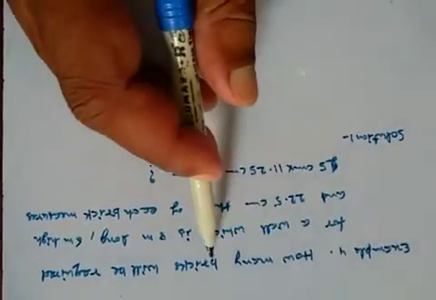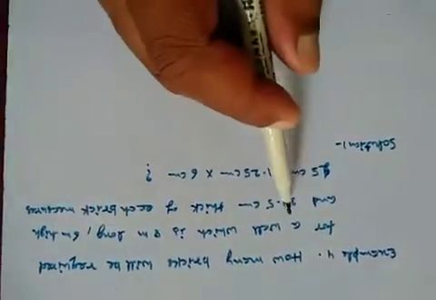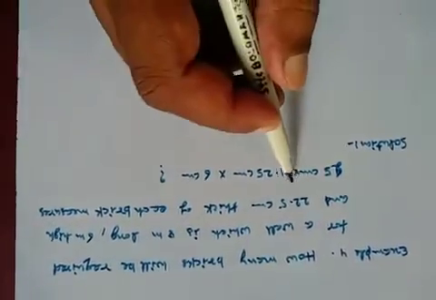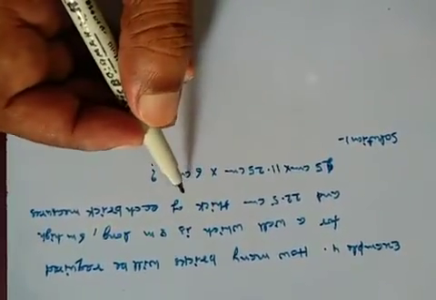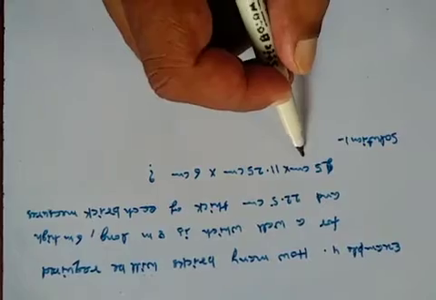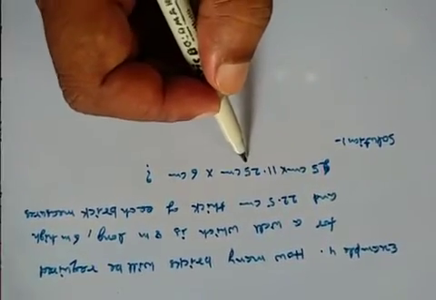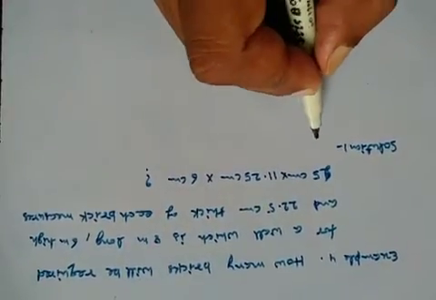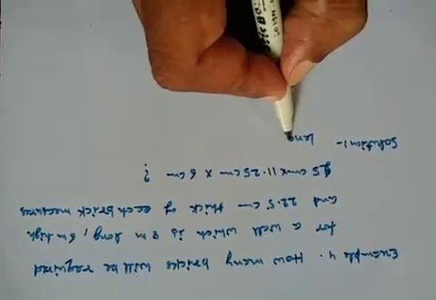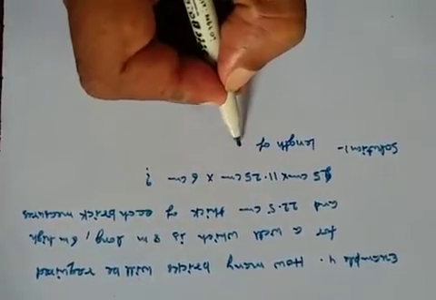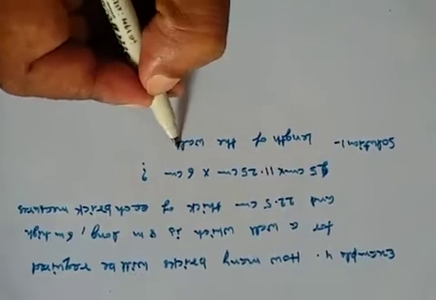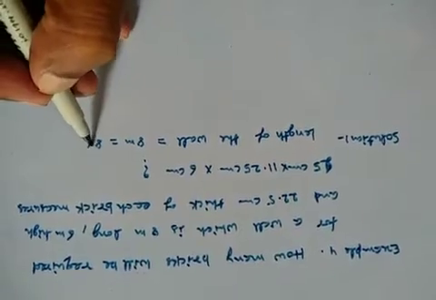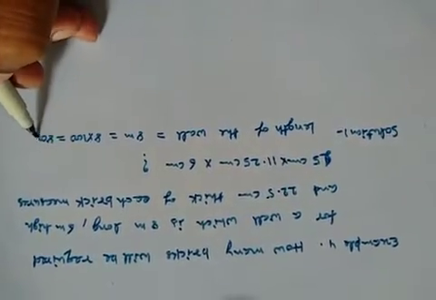Example 4. How many bricks will be required for a wall which is 8 meter long, 6 meter high and 22.5 centimeter thick, if each brick measures 25 centimeter into 11.25 centimeter into 6 centimeter? Solution: length of the wall is equal to 8 meter equals 8 into 100 equals 800 centimeter.